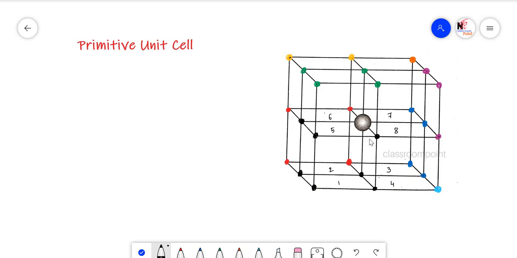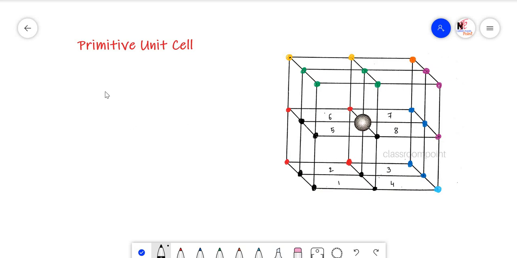This is 1 black one, here 2 red one, here 3, here 4, and from the top, this is 5 green, 6 yellow, 7 orange, 8 this color. So totally it is shared among the 8 unit cells. Then the contribution of this atom towards each unit cell is 1/8 part.